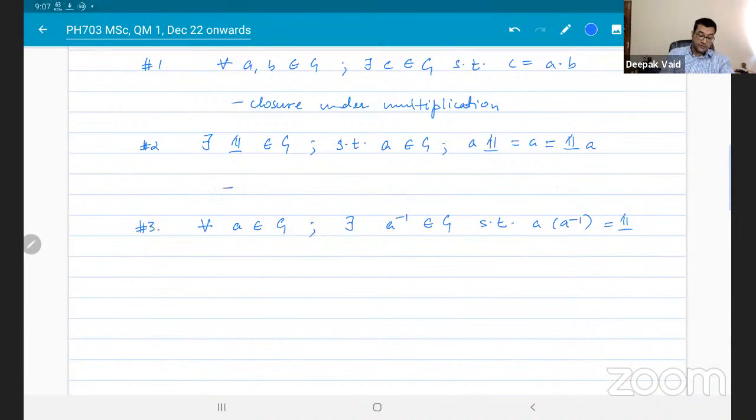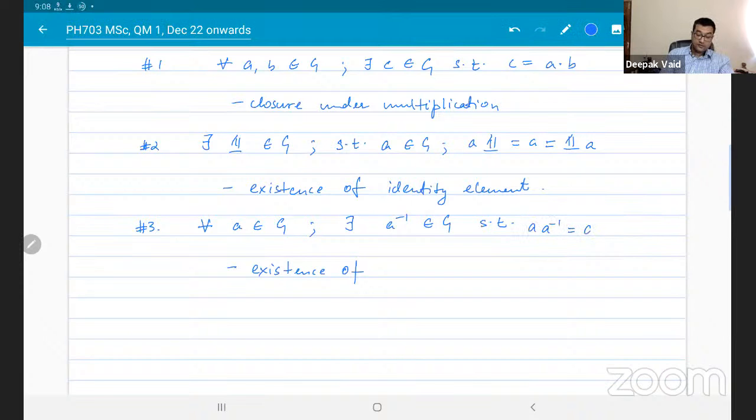This second one is called the existence of identity, meaning there is one element which plays the role of the number 1. And this is called the existence of the inverse.